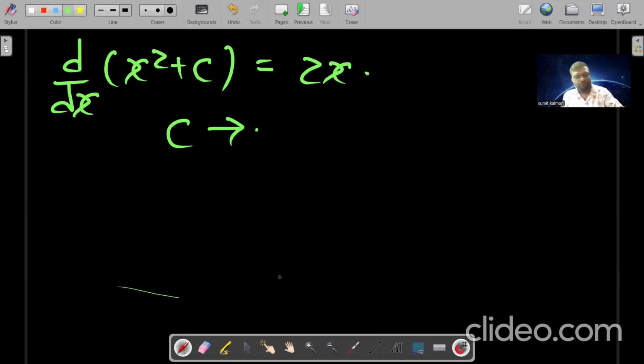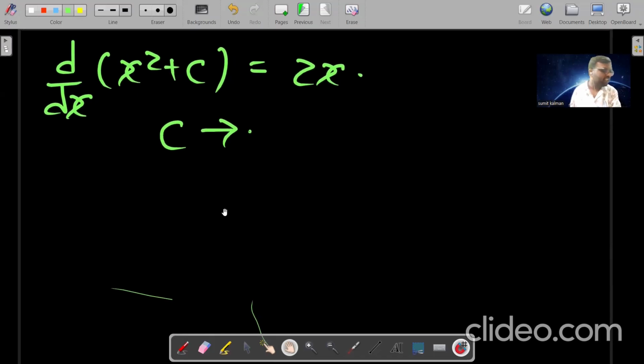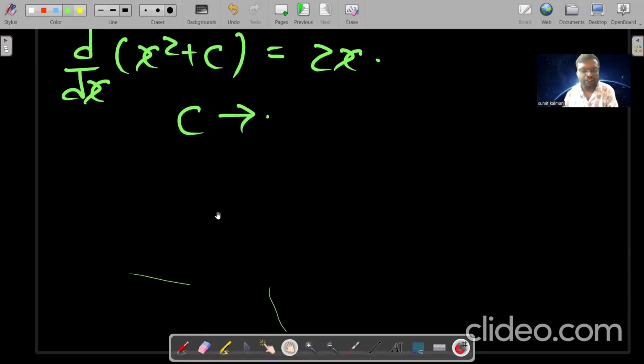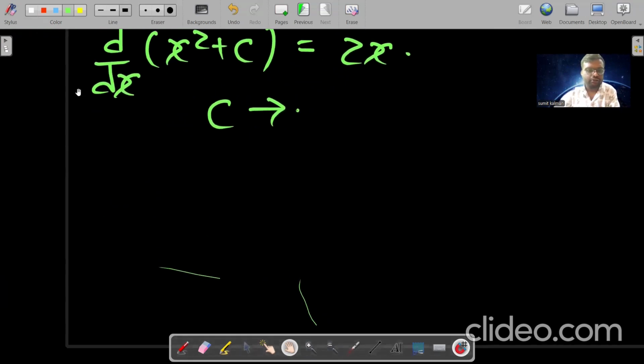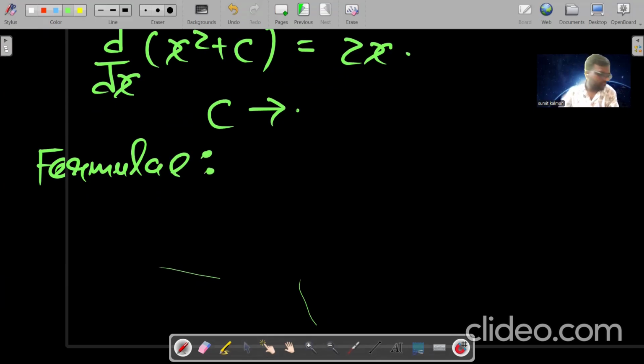Now friends, next there are some formulae for integration. So students, we will study some formulae for integration. One most frequently used and important formula is the power formula.